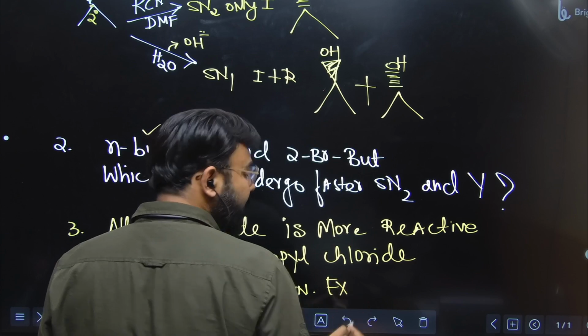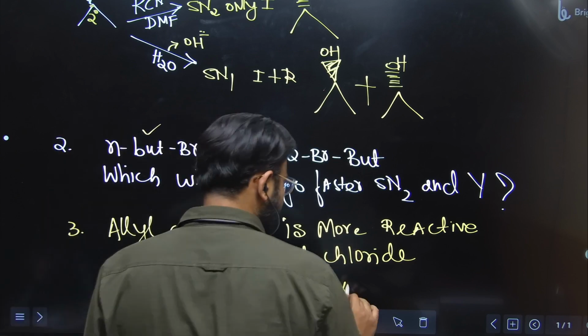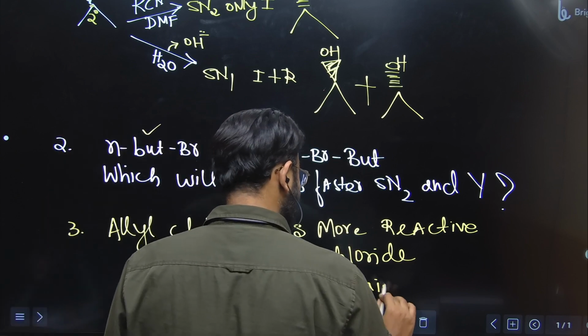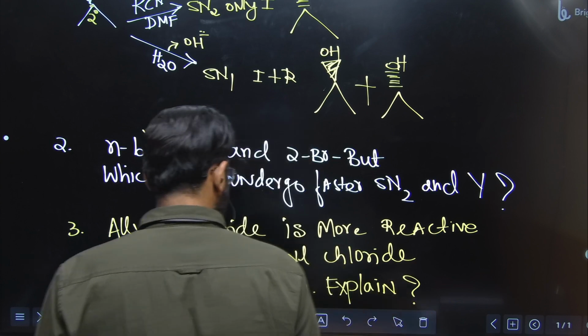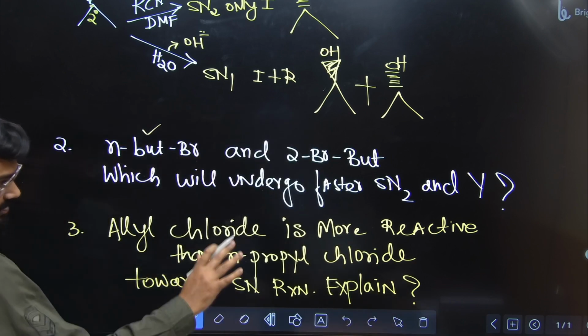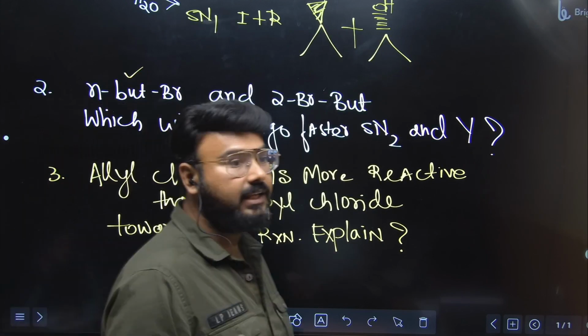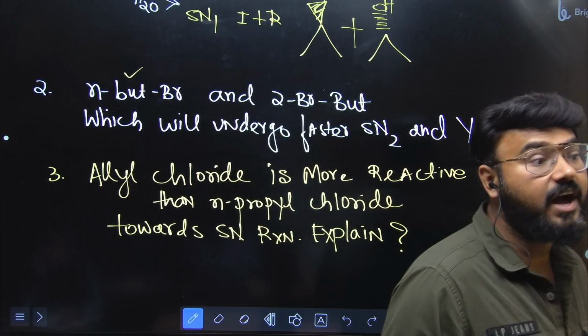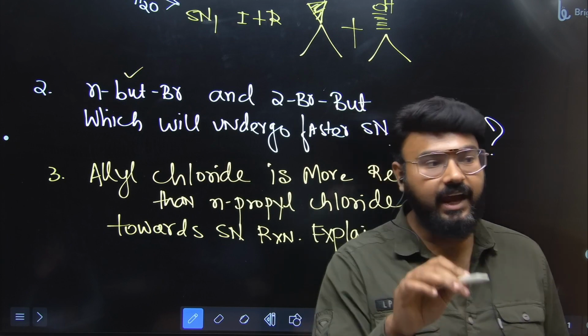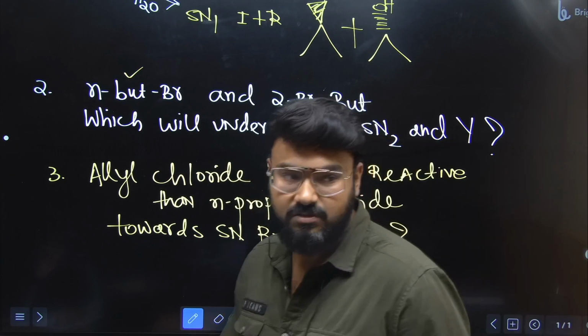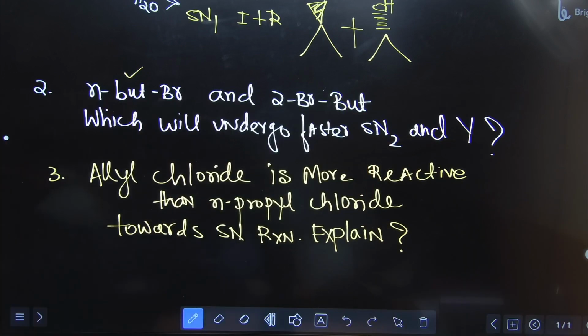Explain. N means the straight chain, simple. Propyl is a common name, not an IUPAC name. So when we say n, it means a straight chain, three carbons in a straight line. Guys, got it now? All of you, please solve this.